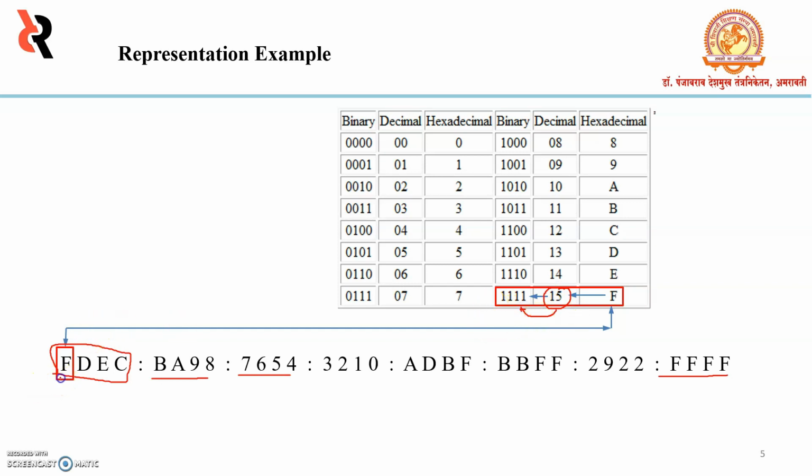So this is having 4 bit, this also having 4 bit, this also having 4 bit, and this also having 4 bit. So that means it is having 16 bit.